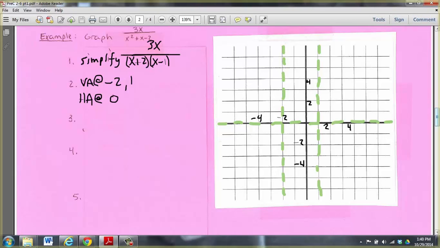Okay, step 3 would be to figure out the y-intercepts by plugging 0 in for x. If I plug 0 in for x, I'm going to get 0 over 2, which is just 0, which means I have a point right there.